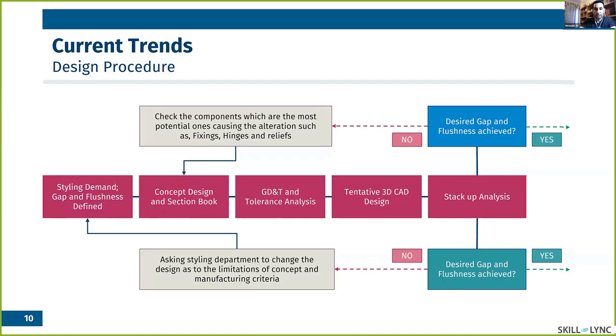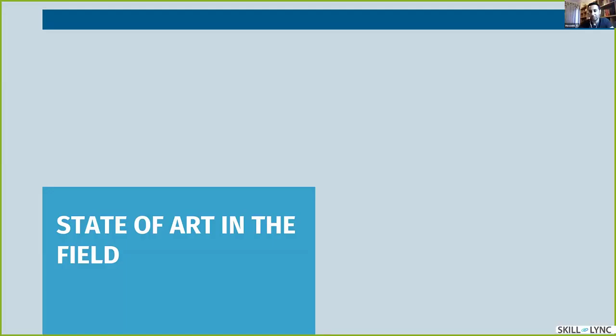Okay, let's go for the state of the art in the field. I mean, what I explained during the previous section about the current trends was what normally happens in the industry of vehicle manufacturing. But at the very edge of the technology, we would have other options.